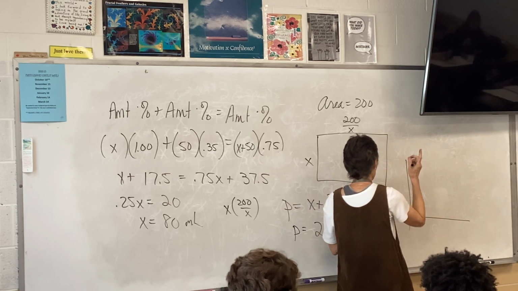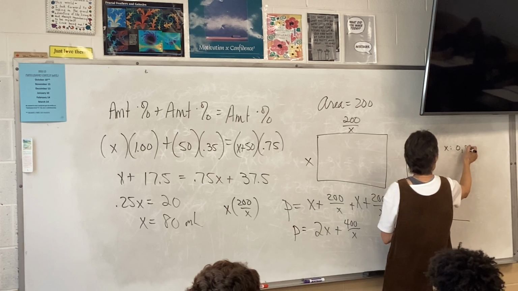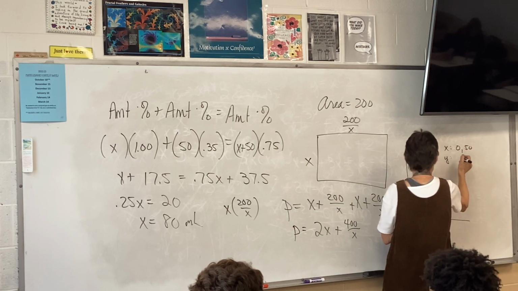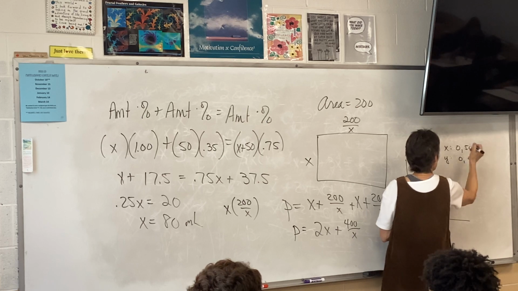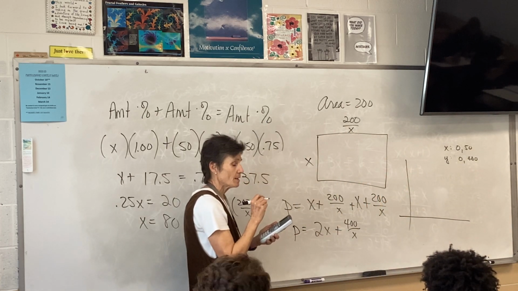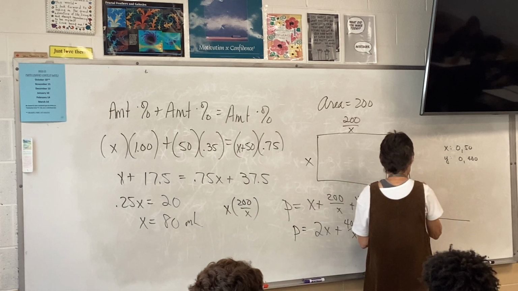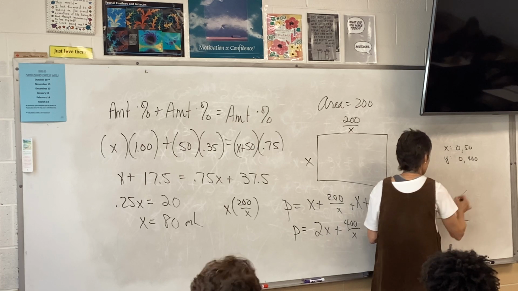The mins and maxes that I used for X were 0 to 50 and for Y were 0 to 400. And it took me 2 or 3 tries to get that. But what I see now when I graph is something that looks like this.